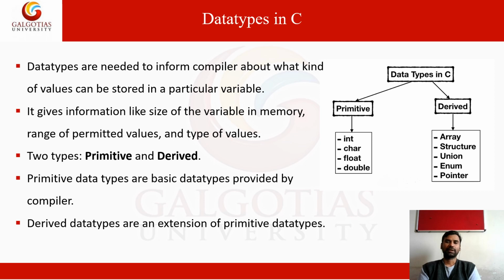Similarly, a structure is a combination of other primitive data types, for example a student record, in which the student name is a string. Primitive data types are the basic data types provided by the compiler, and derived data types are just an extension of the primitive data types.